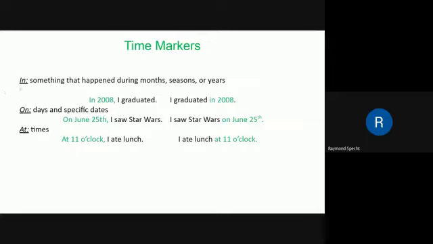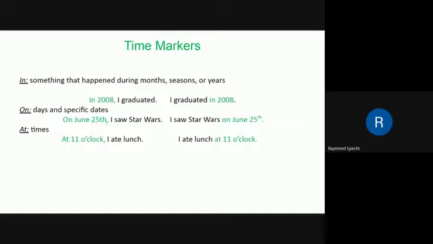We use in for something that happened during months, seasons, or years. In 2008, comma, I graduated. I graduated in 2008. Okay, again, don't forget, if the time marker is in the front, we must have the comma. On talks about days and specific dates.